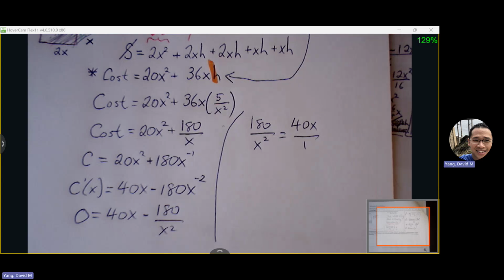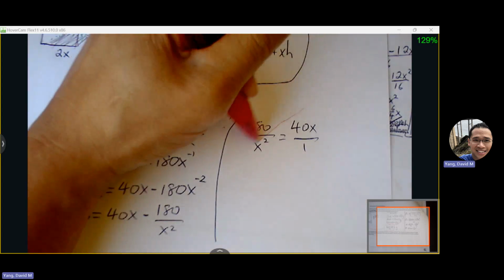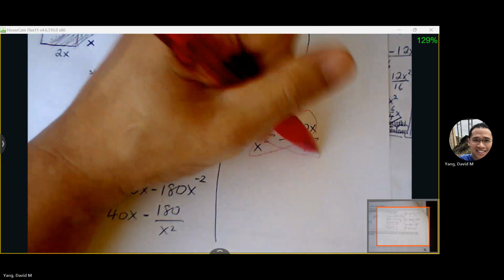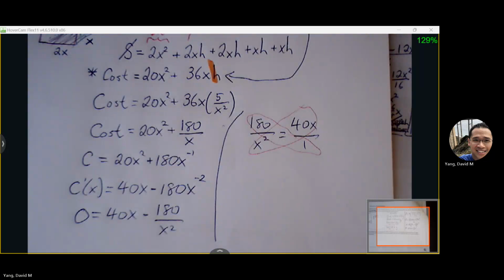I can set the two fractions equal to each other, cross multiply. See if I can solve for x.